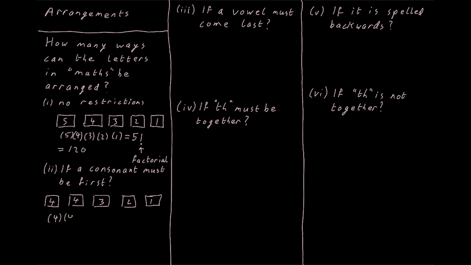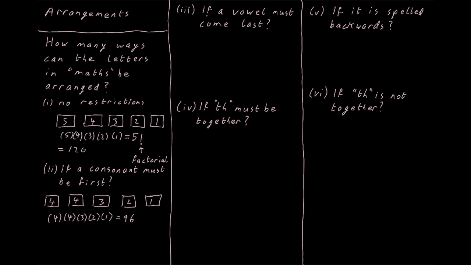I'd have 4 by 4 by 3 by 2 by 1, and I multiply all of that out and I get 96. So this is still a part of the 120 group. Of the 120 possible ways of doing this, 96 of those times when I randomly put down my letters, I would get a consonant first.